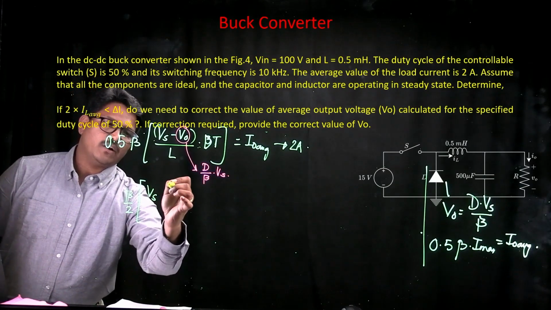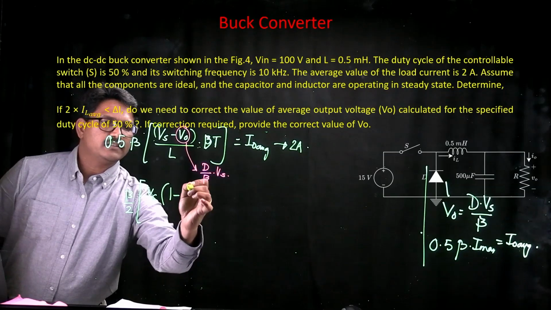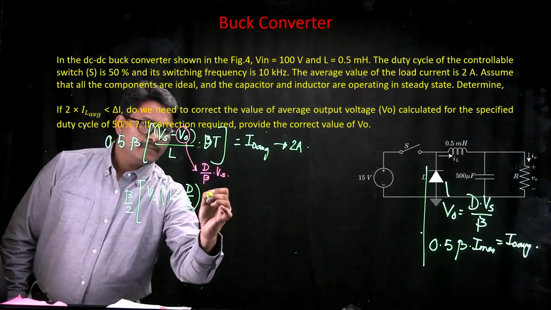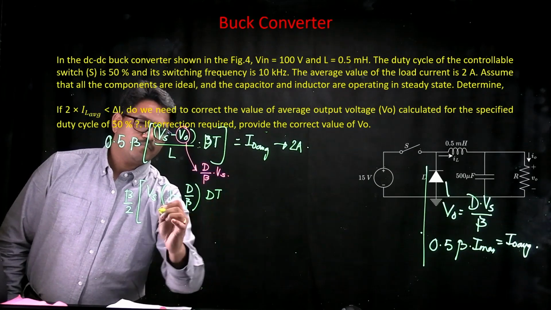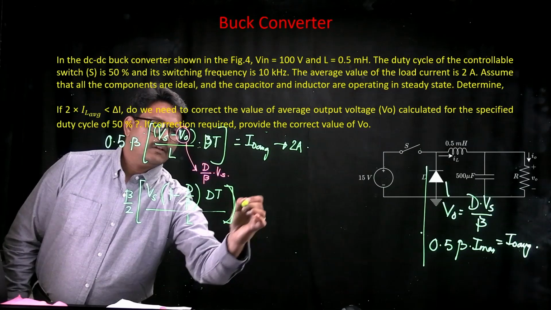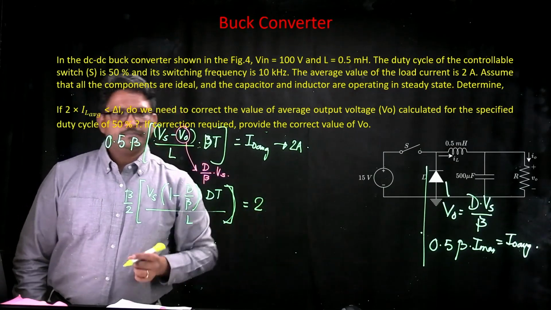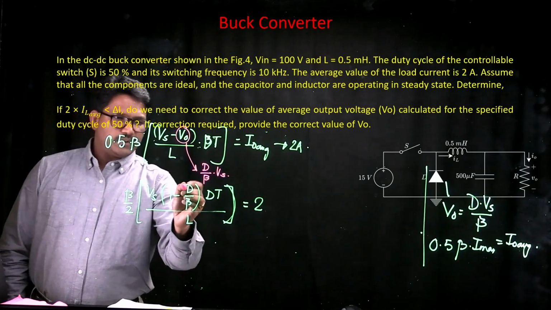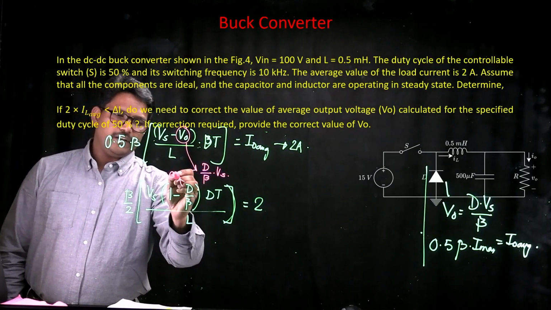Vs can be taken out. That will be (1 minus d upon beta) dt upon the value of inductance is equal to 2. Now in this equation, we know the value of duty cycle is 0.5 for us.